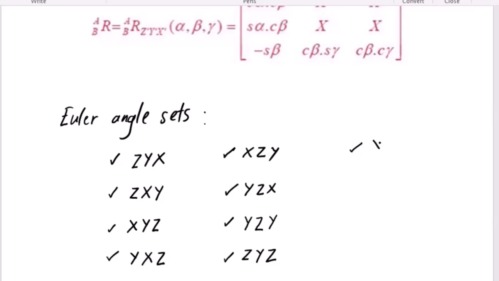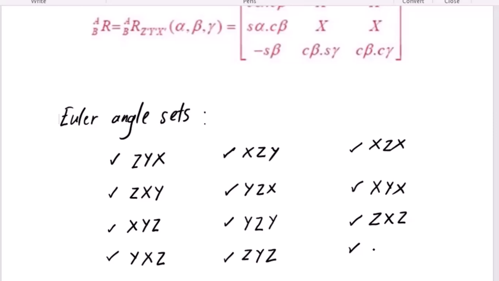X, Z, X. Correct. How many? What else? X, Y, X. There are two more. Z, X, Z. What else?